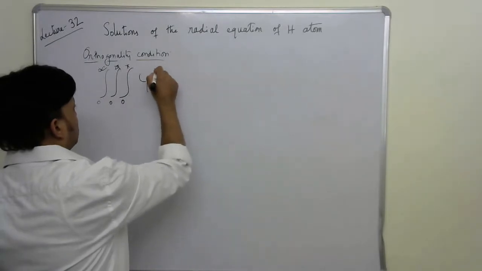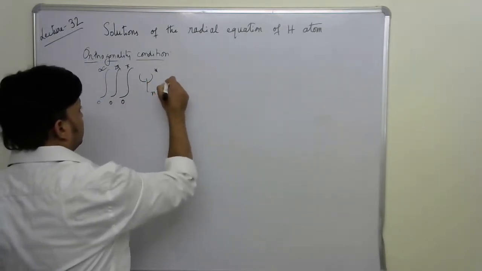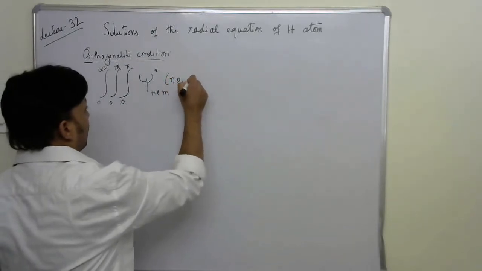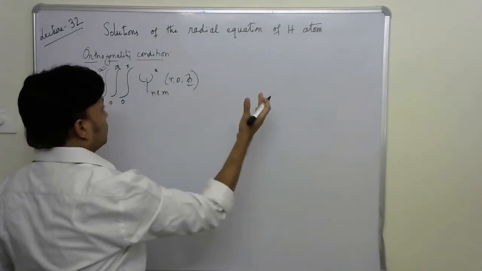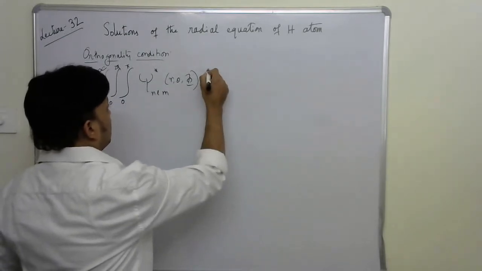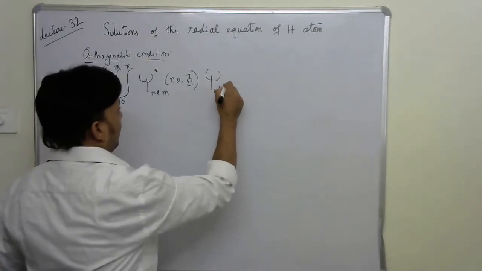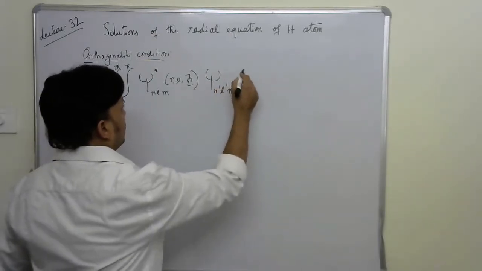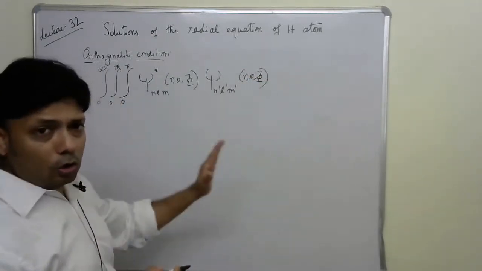Xi star n, l, m, and we have r, theta, phi, multiplied with Xi n prime, l prime, m prime, function r, theta, phi, and then we have the volume element.